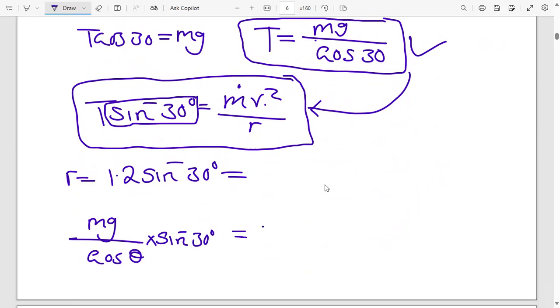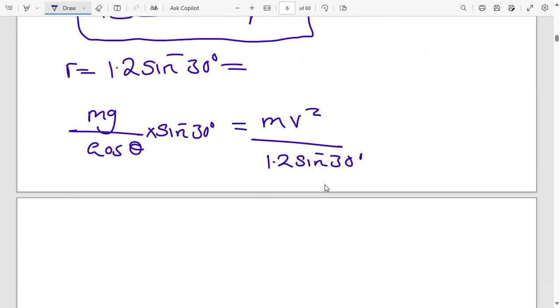It is going to be equal to mv squared over the value of our r, which is 1.2 sine 30 degrees. Okay, like this. We are trying to find velocity. Our goal is to find the initial velocity. So what are we going to remain with?